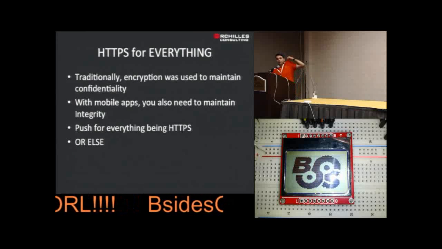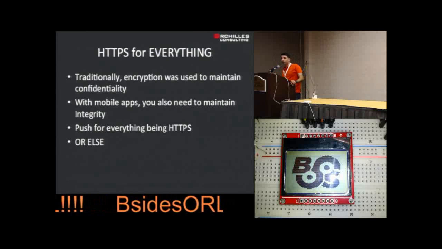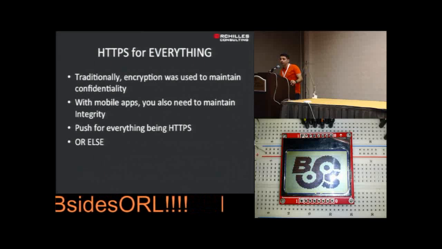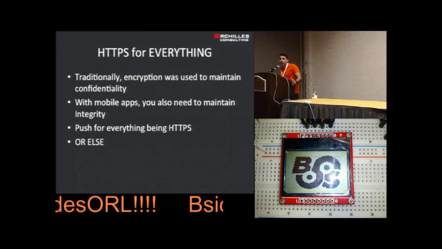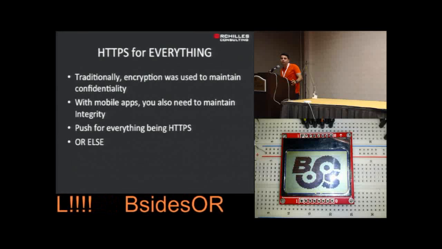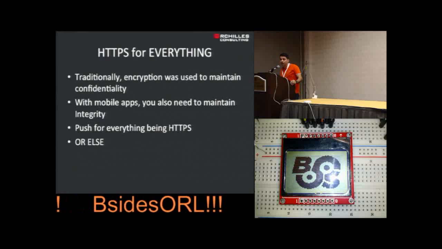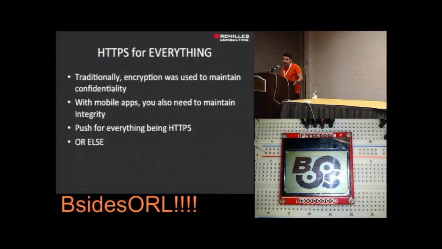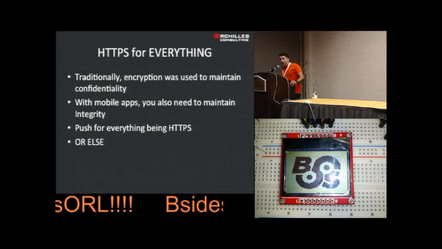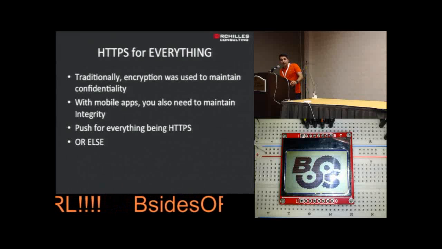So HTTPS for everything. This was a huge push, and this is not going to be an easy one for many organizations because HTTPS is expensive. You have to buy a cert, and no one can tell me right now that it's expensive on CPU cycles because it's not. I mean, it is more than none, but we're in 2014. With mobile apps, you do need to maintain integrity.